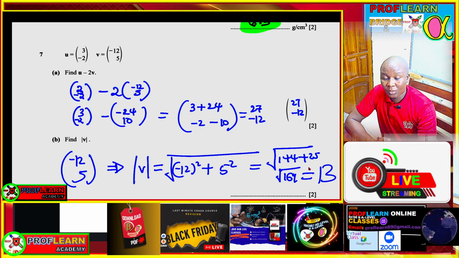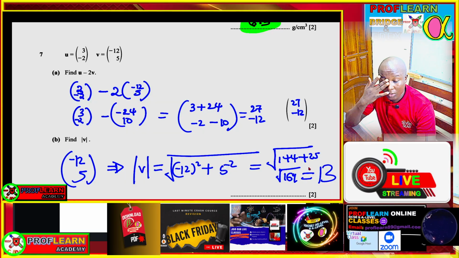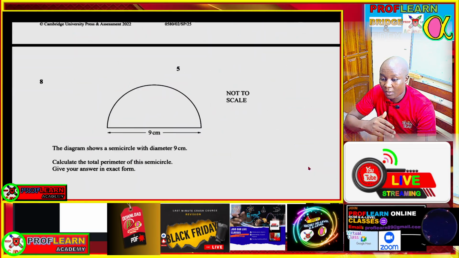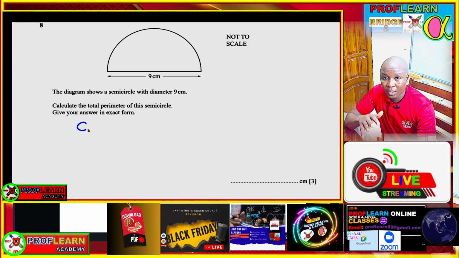Then we can get the square root of 169. So this question is preparing you psychologically that a question from modulus can be asked. Different questions from vectors can be asked, so that for you to be well prepared, you have to know how to work out.